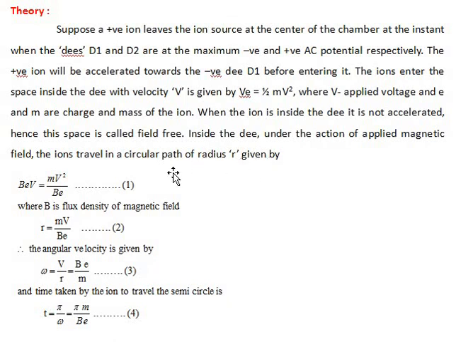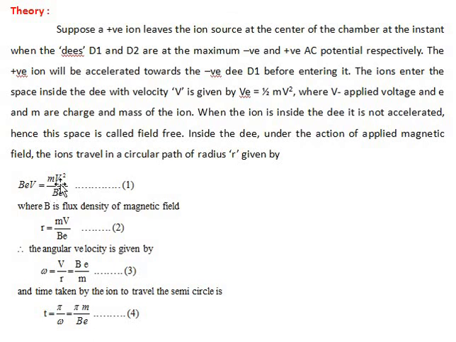We all know that whenever a charged particle enters a magnetic field, it starts moving and experiences a force, BeV, where B is the strength of the magnetic field, e is the charge, and v is the velocity.